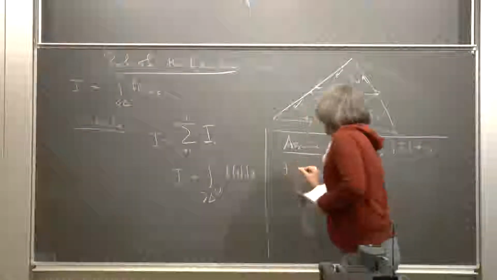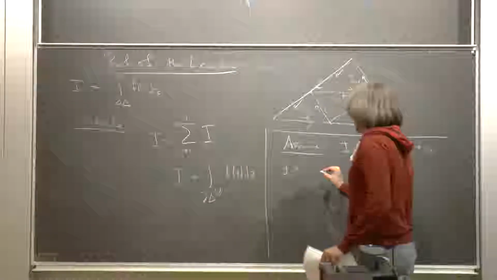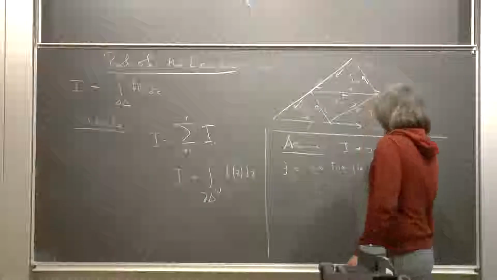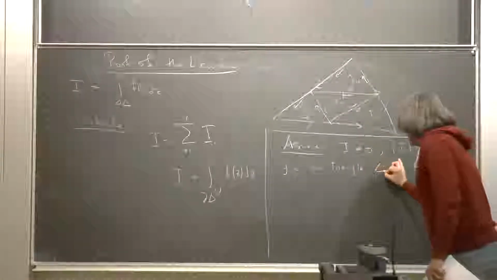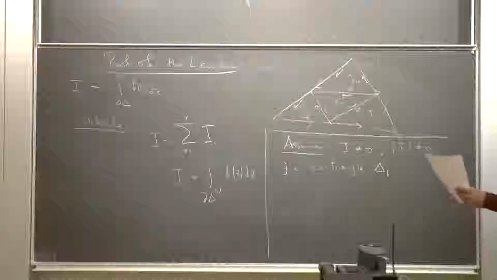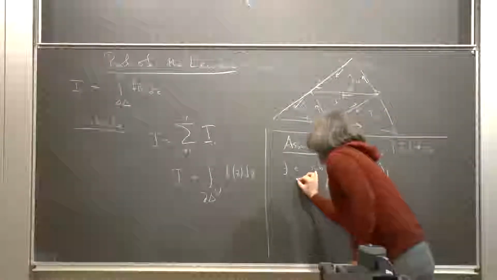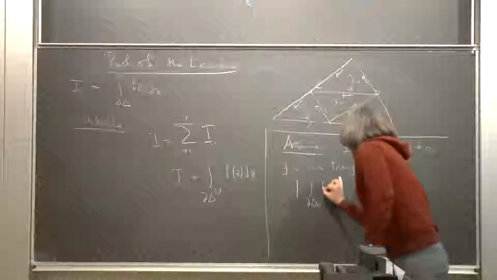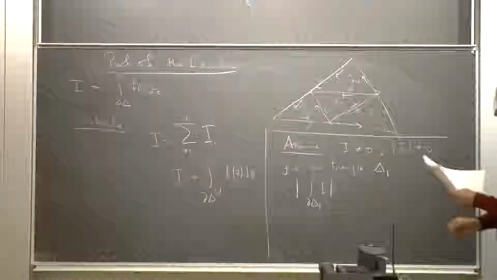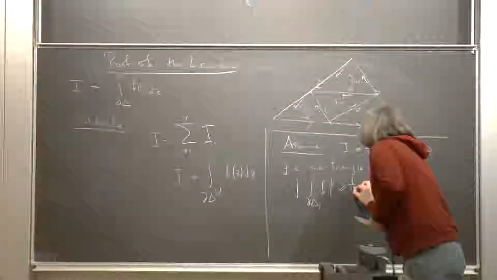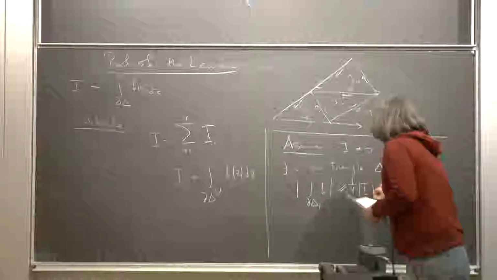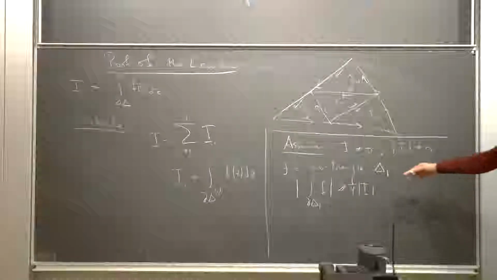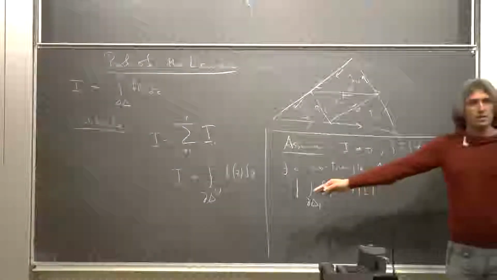There exists a subtriangle, one of the 4, call it delta 1, such that the absolute value of the integral along it is greater or equal than 1/4 of the absolute value of I. That's clear, because otherwise the triangle inequality will fail.